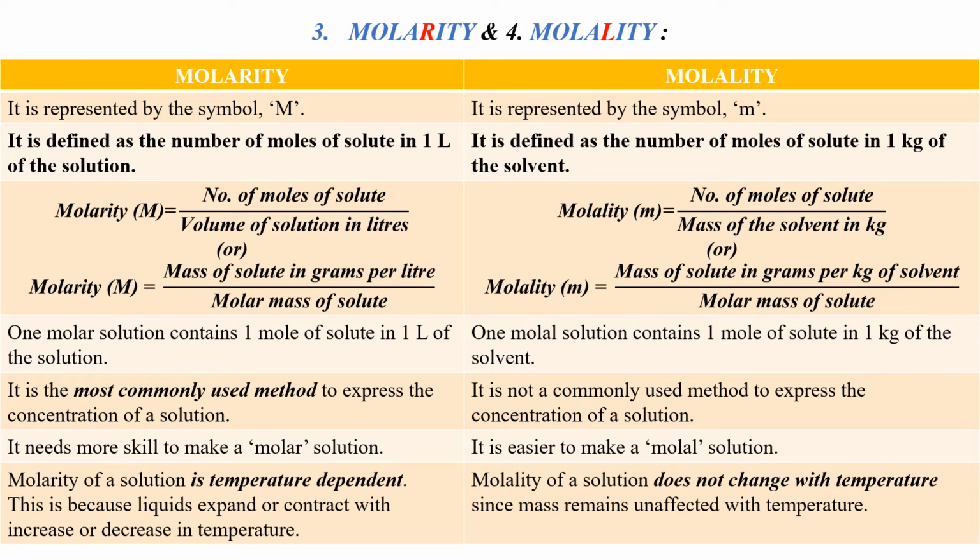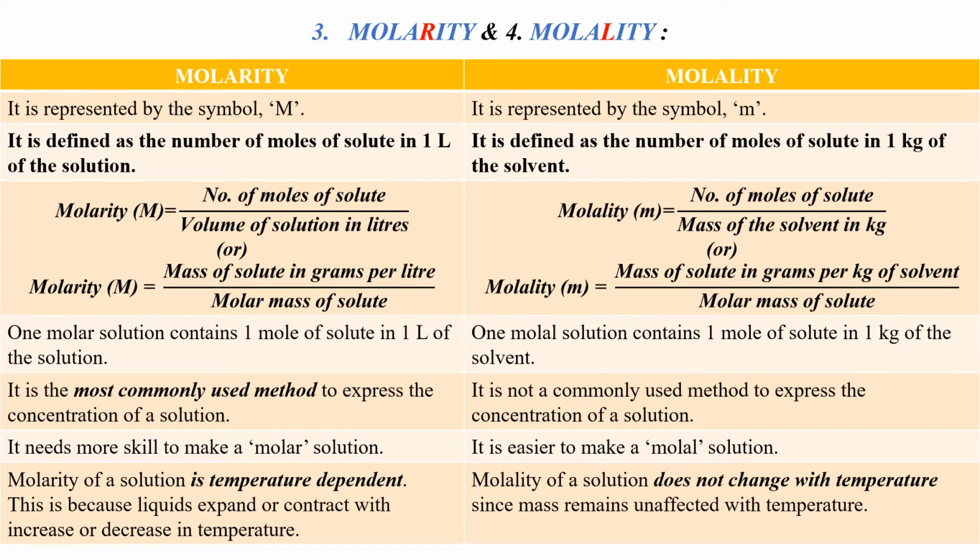Okay. Now, what's the formula to calculate molarity? It is equal to the number of moles of solute divided by volume of solution expressed in liters. Or there's yet another formula. Molarity is equal to mass of solute in grams per liter divided by molar mass of solute. Now coming to molality, it is equal to number of moles of solute divided by mass of the solvent in kilogram.